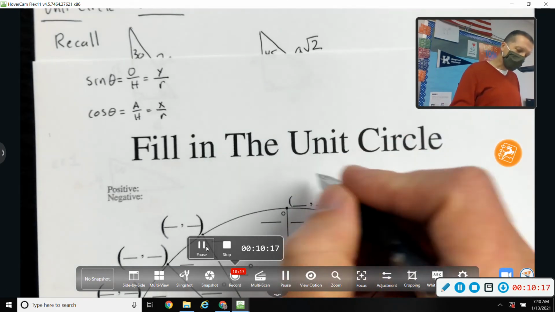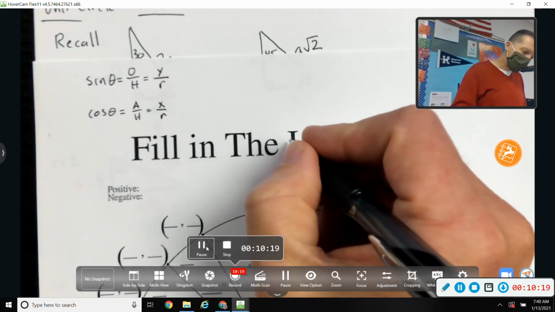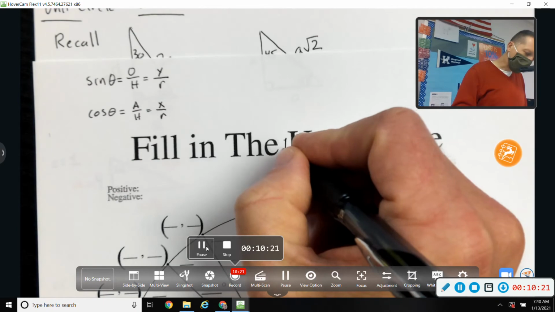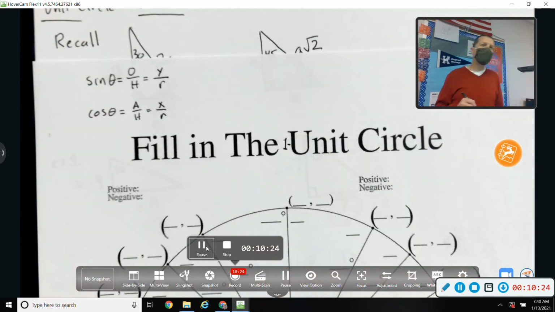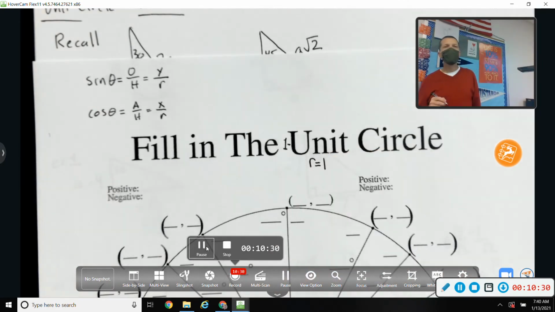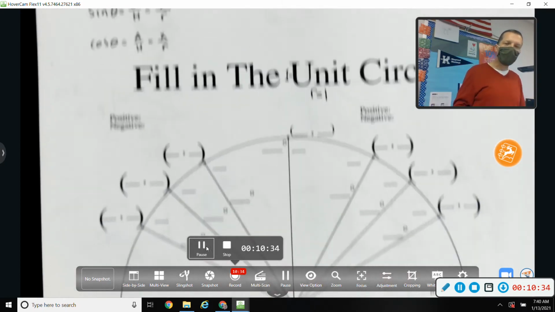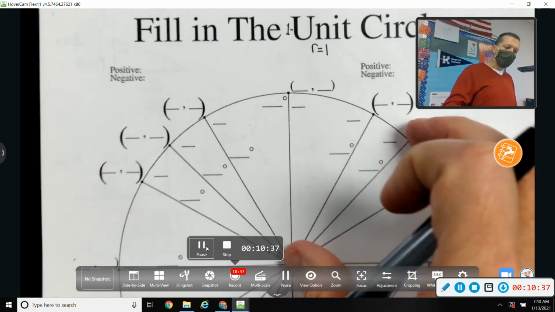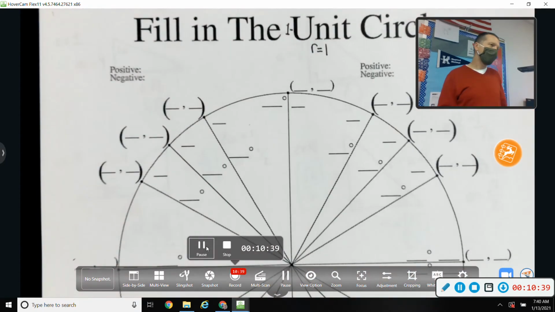Now, the reason this is called the unit circle, it'd almost be better if it was called the 1 unit circle, because r is equal to 1. So we look around that circle, that is nowhere labeled there, but when we say the unit circle, all of those radii are length 1.